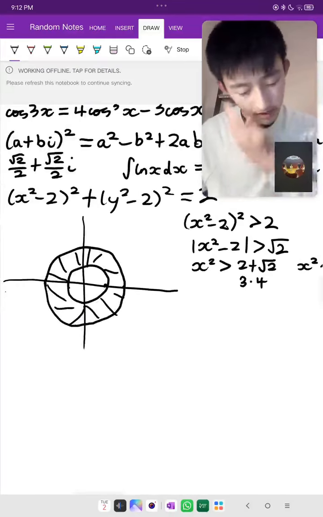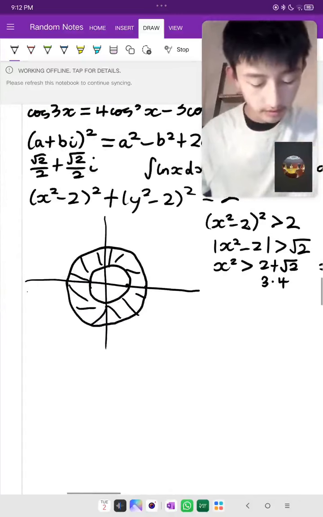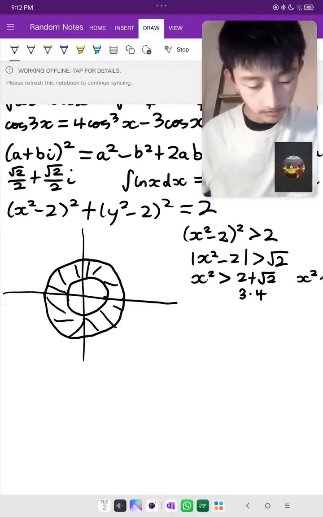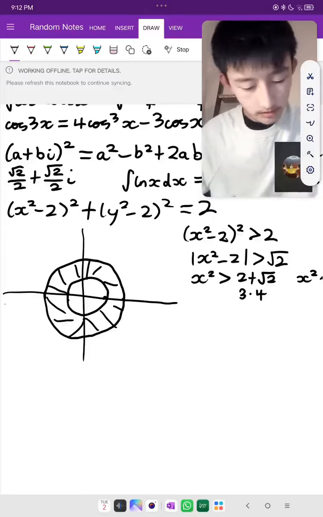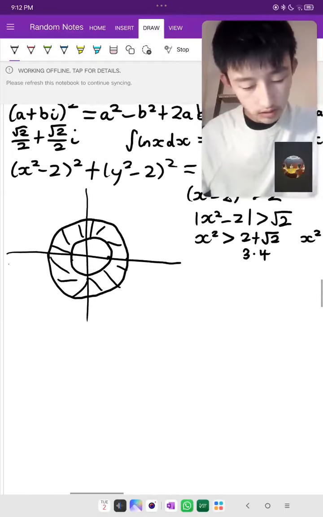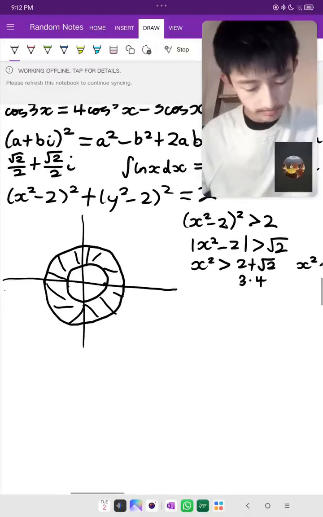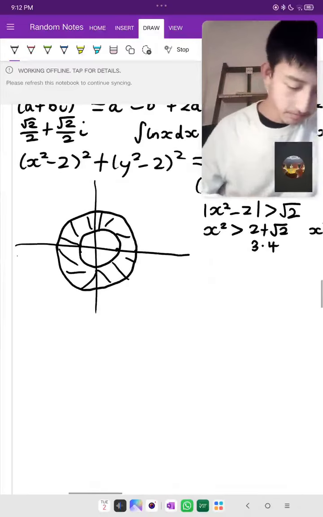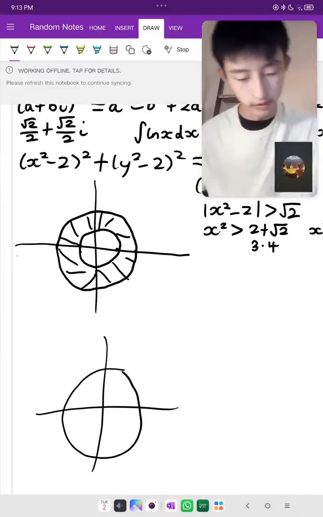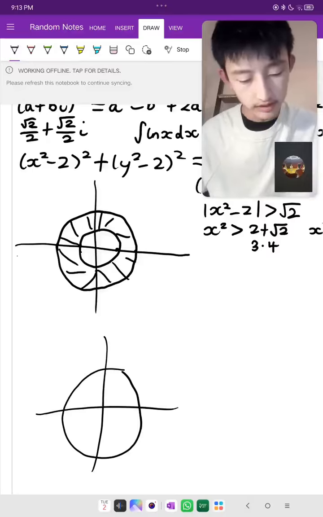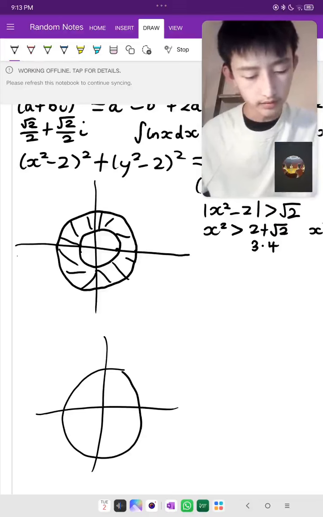Cool. Okay. So what do I want to say about where this graph does actually exist? I'm not sure. I could maybe, if I consider a circle with radius root 2 centered at the origin, then this is going to be the set of all points, which are sort of transformations from this circle.